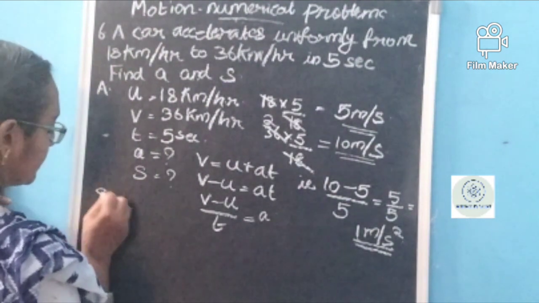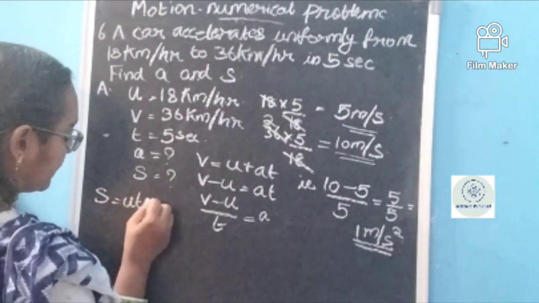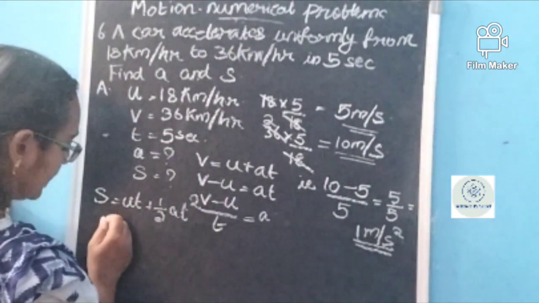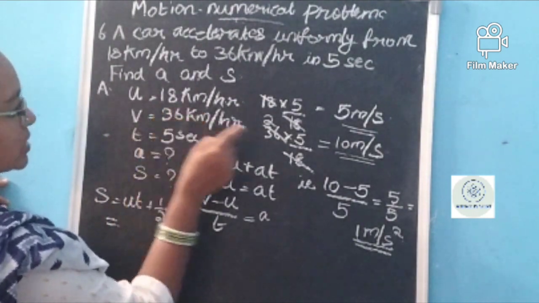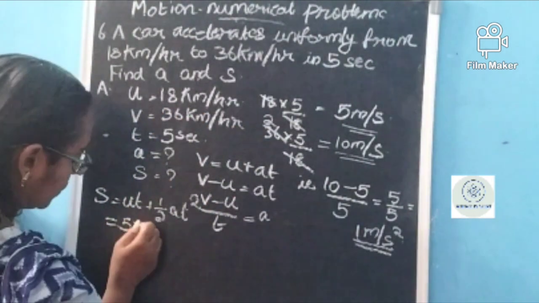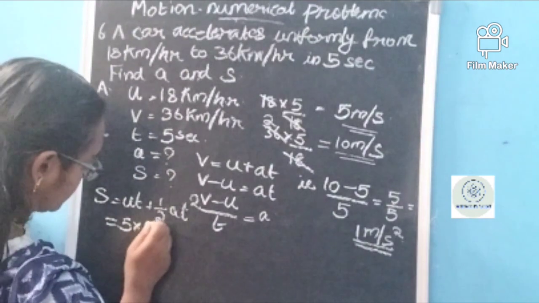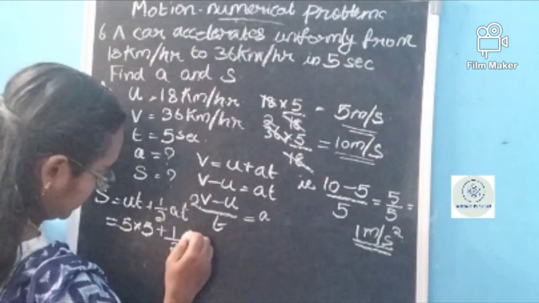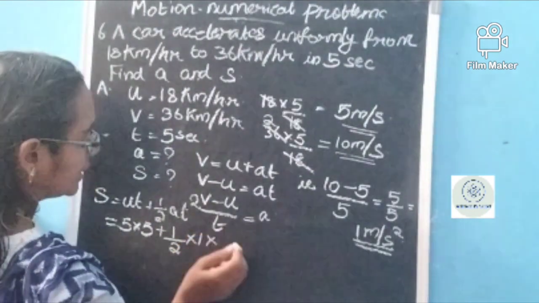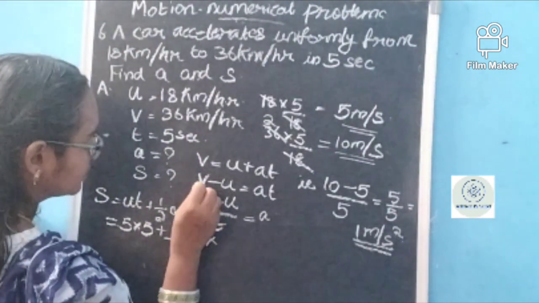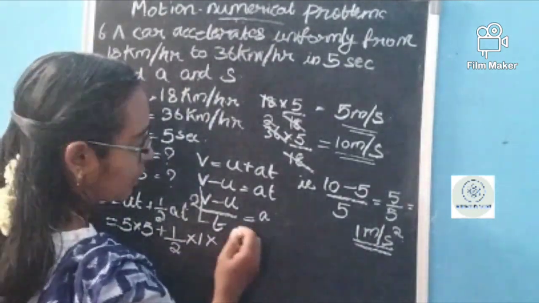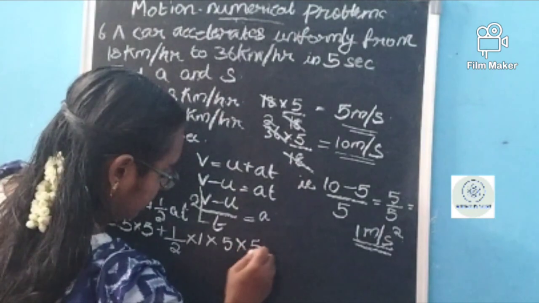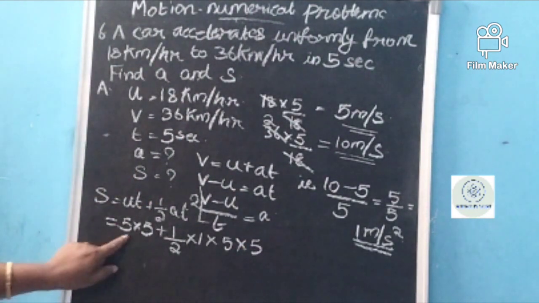So s is equal to ut plus half a t square. u is 5, t is 5, plus half, a is 1, t square. t is 5, right? 5 square, that is 5 into 5, so 5 into 5 is 25.